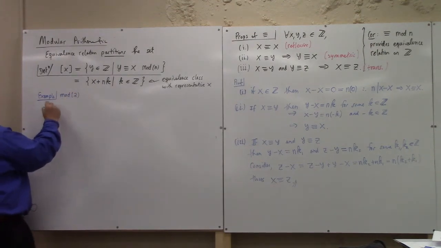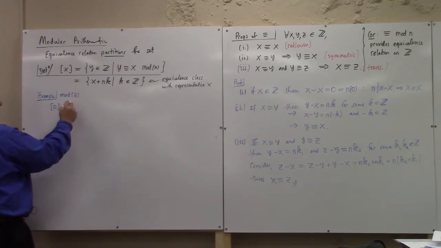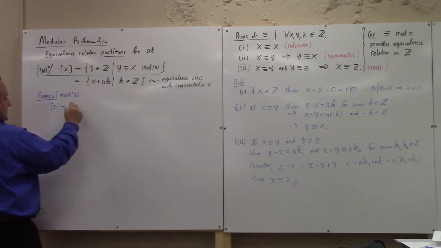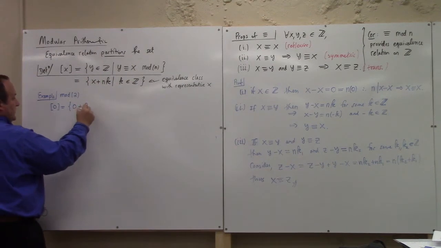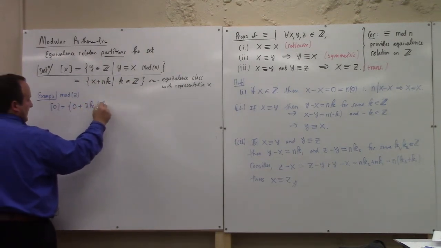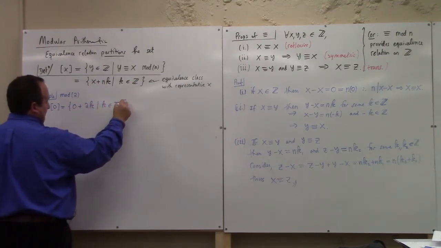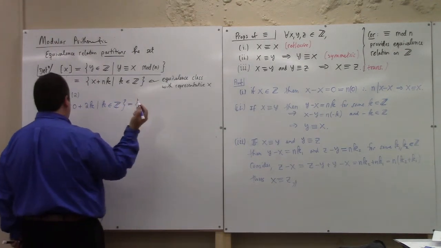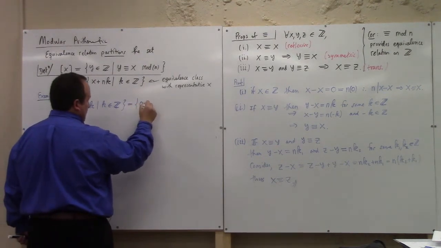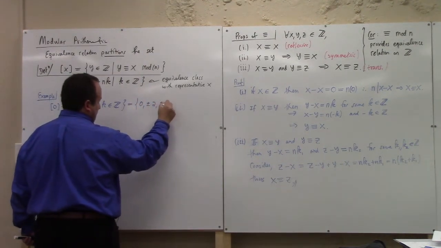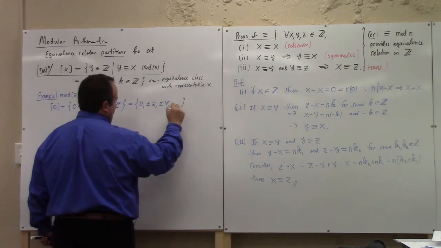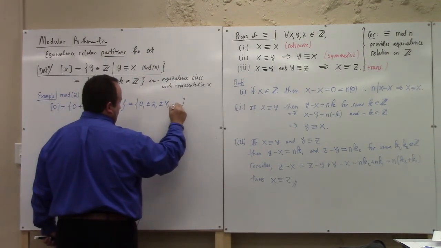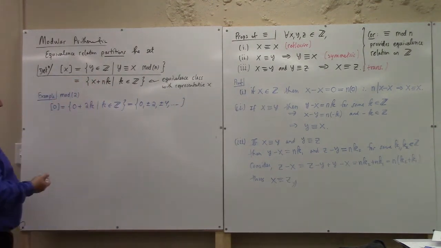If we take the equivalence class of, say, 0, it's equal to 0 plus 2 times k, such that k is an integer. In other words, listing them out: 0, plus or minus 2, plus or minus 4, and so forth. In other words, the even integers are the equivalence class of 0 mod 2.